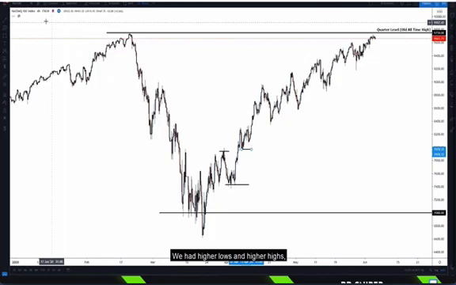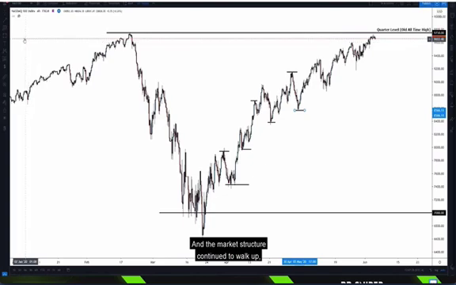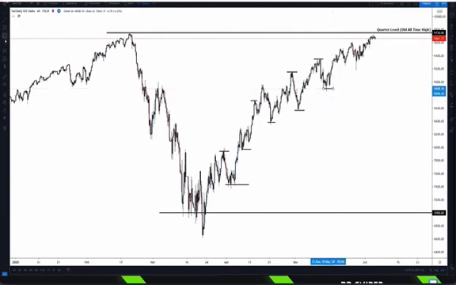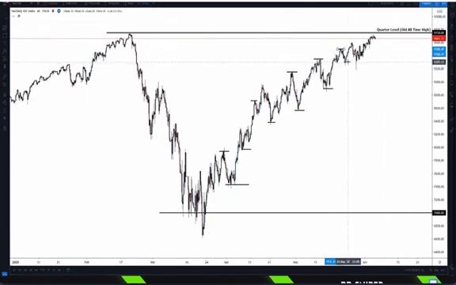We had higher lows and higher highs. And the market structure continued to walk up, making higher lows and higher highs.